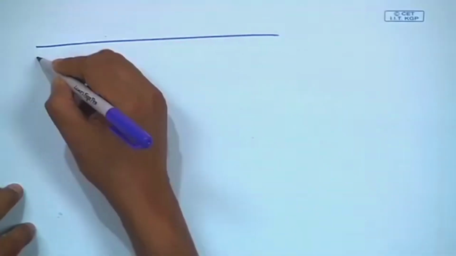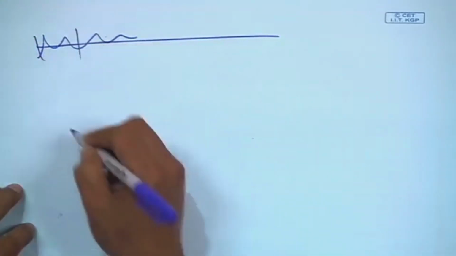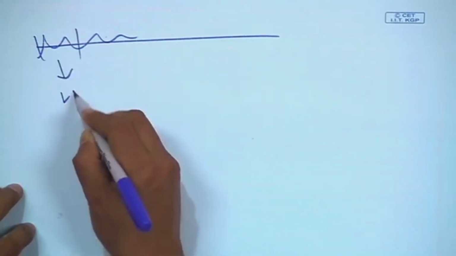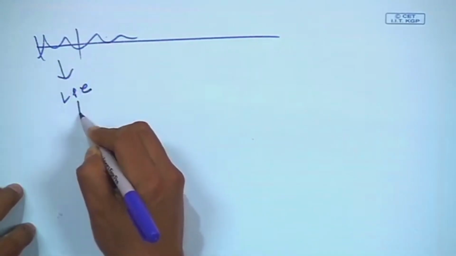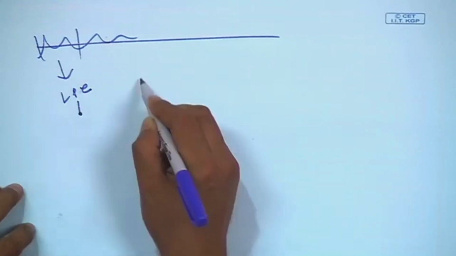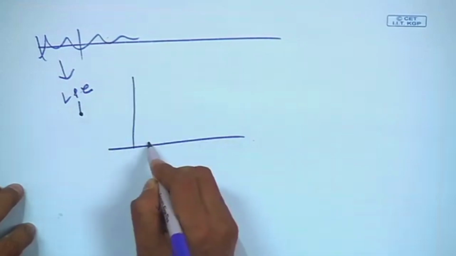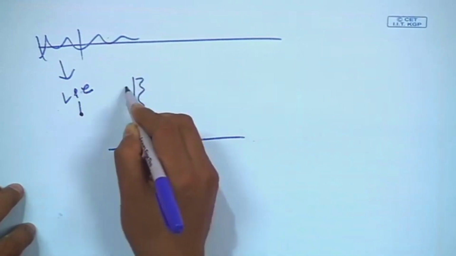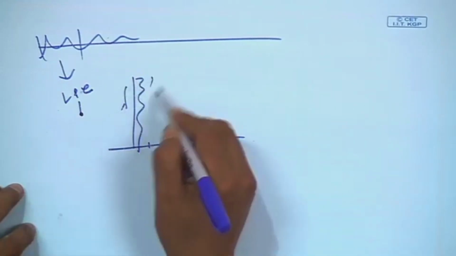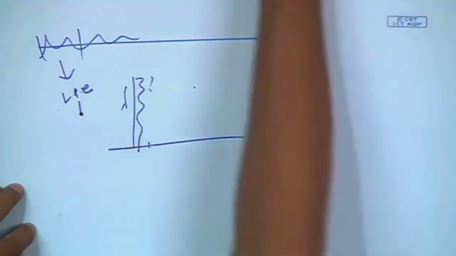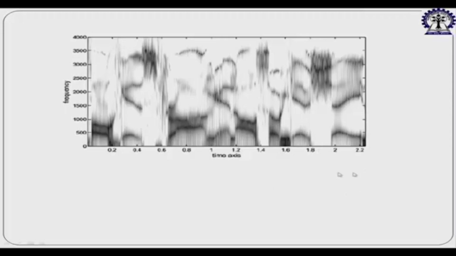Suppose you have a speech signal, you take a window, find the LPC coefficients, and draw the magnitude spectrum of the LPC coefficients. Then for that time, plot this on the frequency scale, shift the window again and plot it, and that way you get the LPC spectrogram.